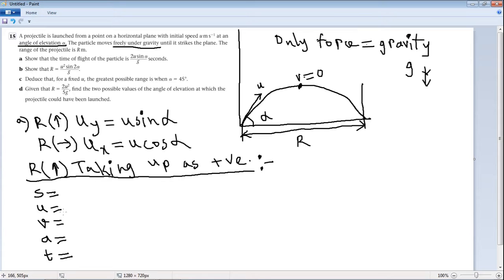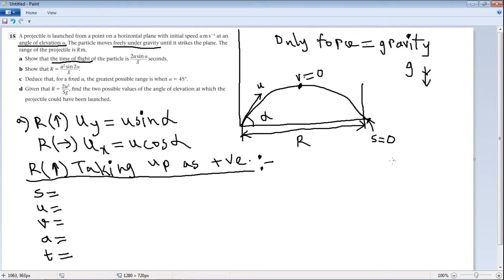So here there is no net displacement, so we will take the final displacement, which here is 0. Okay, so we will take the whole time, since they have asked us to find the time of flight.